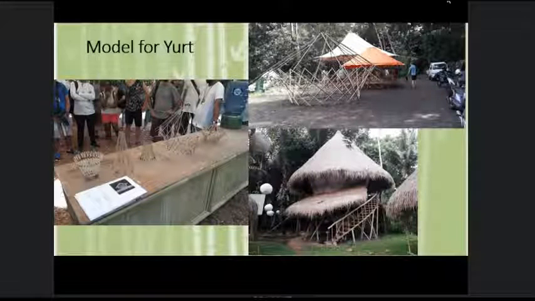It has a geometry, and we have a video on it that we can share. So these are the various forms, the hyperbolic paraboloid and the simple one, and these can be shelter possibilities or form possibilities.